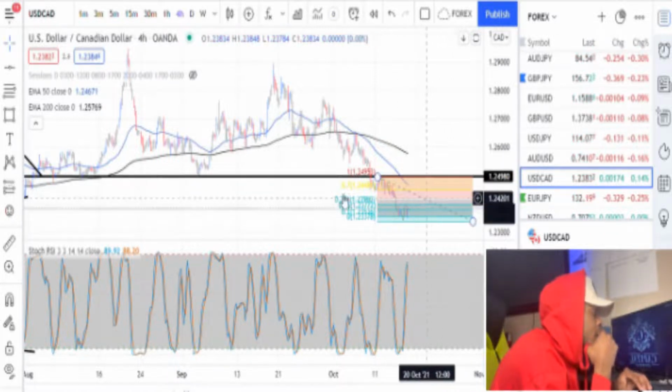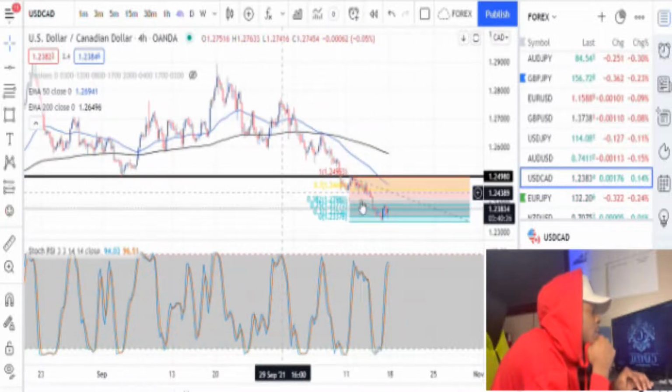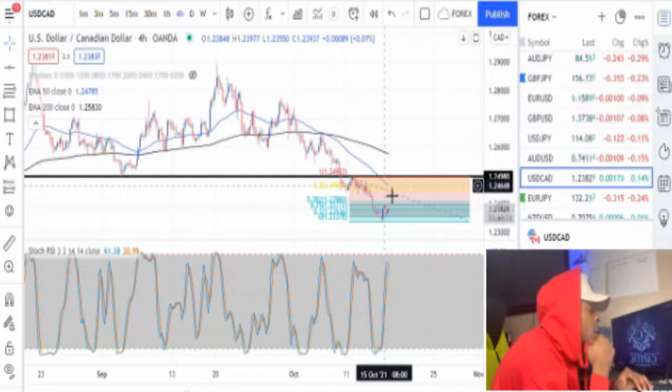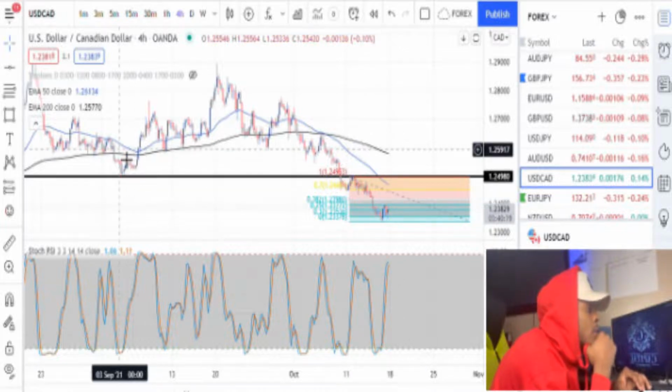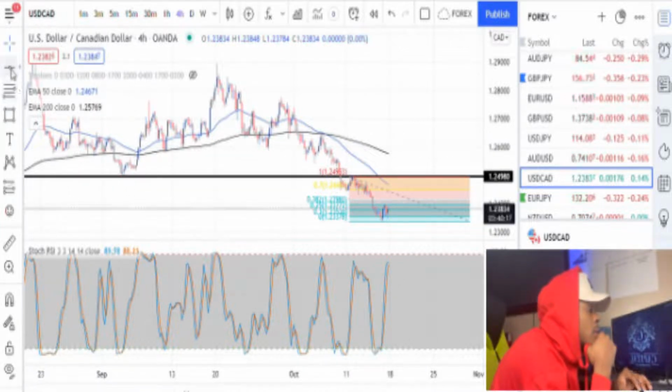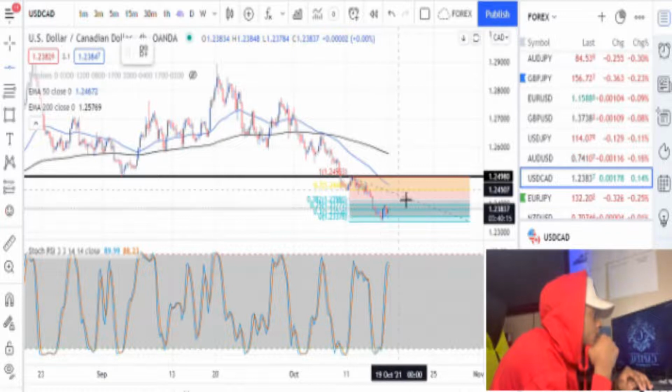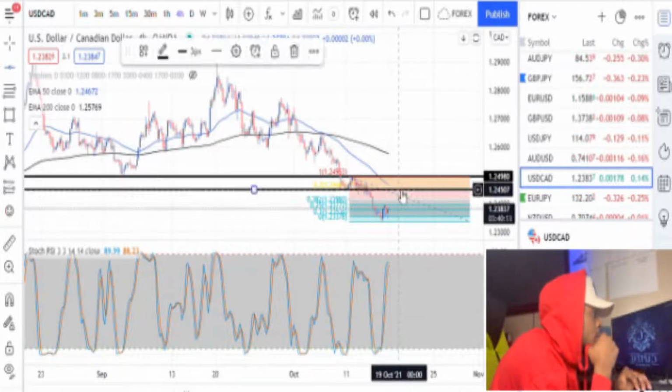If it retraces back up to my fib, and 50 EMA should be around that area by that time. I'm gonna make this yellow.